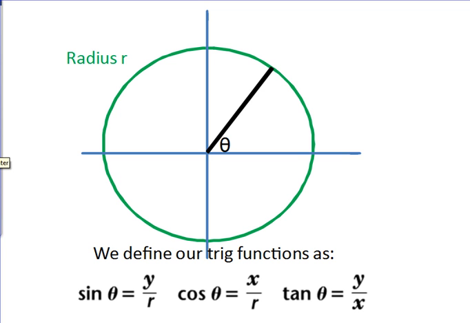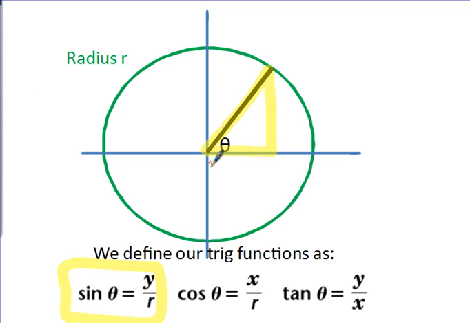And I'm just going to look at the sine theta definition just to convince you. So the definition we've got here is that sine theta is y over r. But you will have come across the definition that sine theta is opposite over hypotenuse, where theta is an angle in a right-angled triangle. But if you think about what we've got here, we can very quickly produce a right-angled triangle.